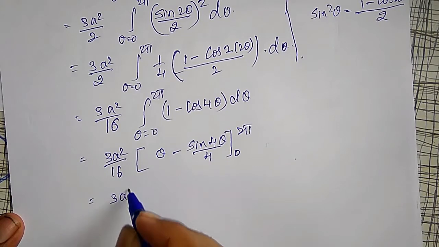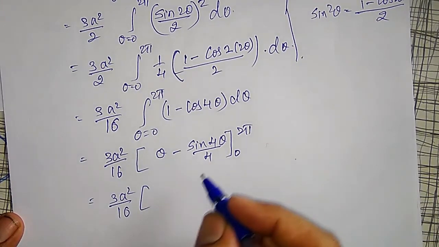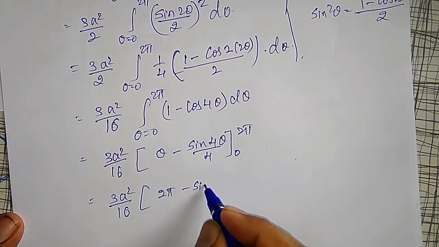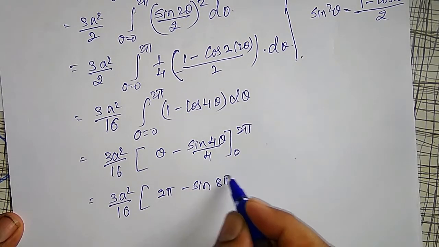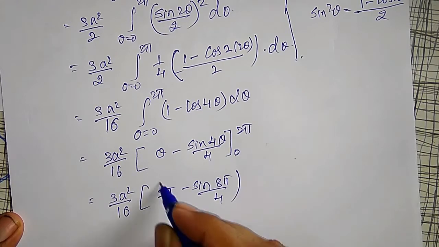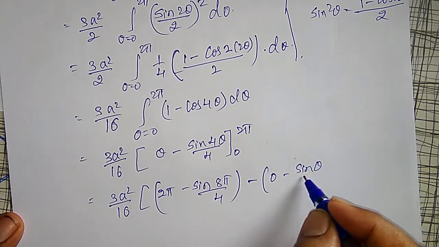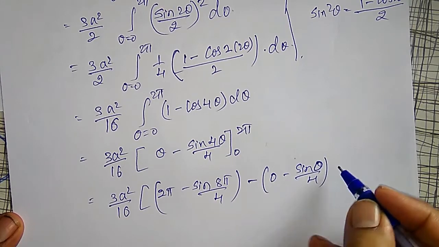Now 3a square divided by 16 into upper limit minus lower limit, upper limit 2 pi minus sin of 8 pi divided by 4, upper limit minus lower limit 0 minus sin 0 divided by 4.